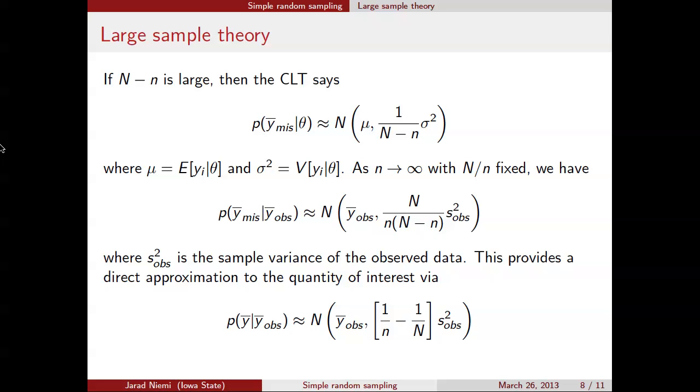Its mean is going to be this weighted average of the mean of this and the mean of that. Well, the mean of this is just itself. The mean of that is y bar obs. So y bar obs is just y bar obs. The variance: this is a constant, so it has no variance. You have the variance of this times this quantity squared. And that gives you that equation right there.